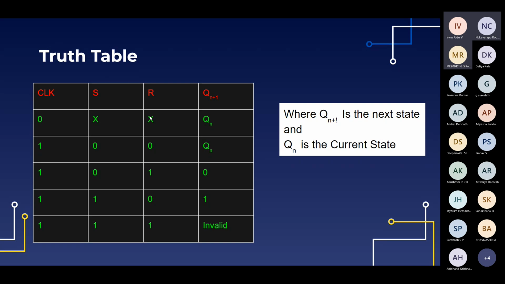The gate is closed for the inputs, so the value will remain as it is, more like storing. The rest of the cases are activated, and the values get manipulated only in the state where the clock is triggered, where SR is 00, 01, 10, 11.